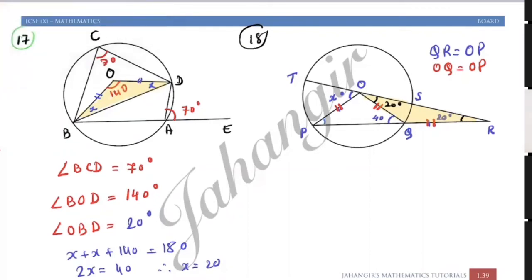Again, two sides of the white triangle are equal, so we can say this is 40. By the angle sum property, I can say this is 100. Now we have x plus 100 plus 20 equal to 180 degrees, angle in a straight line. So x is 180 minus 120, which is 60.